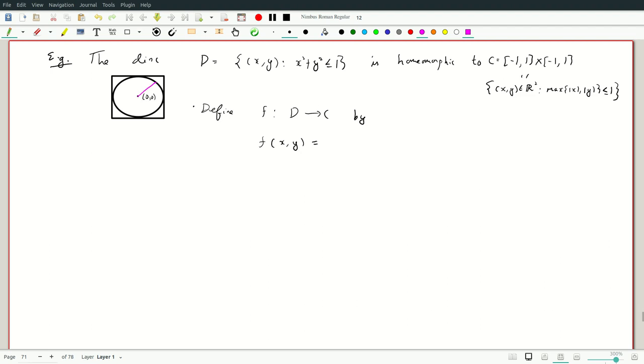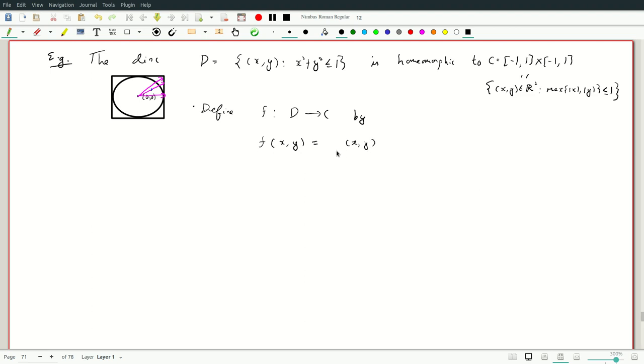Okay, so we'll map out radially in such a way that the point which is exactly on the boundary goes to the boundary in the same direction, and if you're in the interior, you scale accordingly. Okay, so if you were on the boundary, then you want something on the boundary of that.